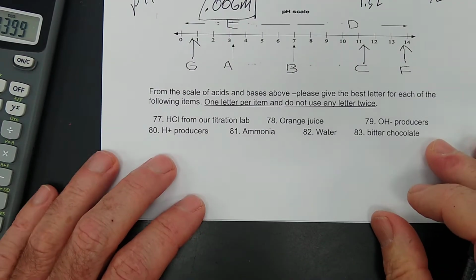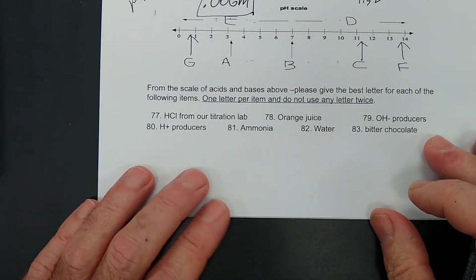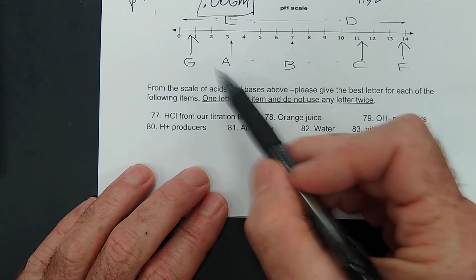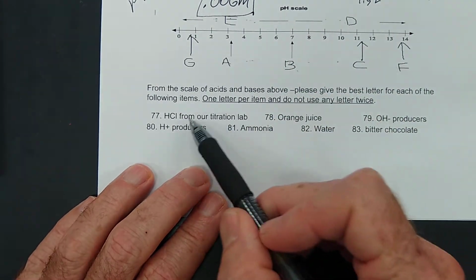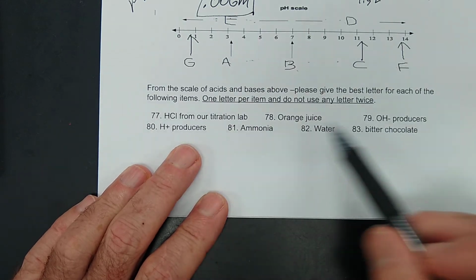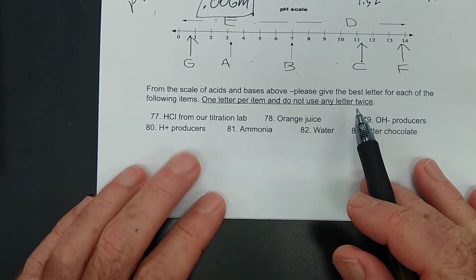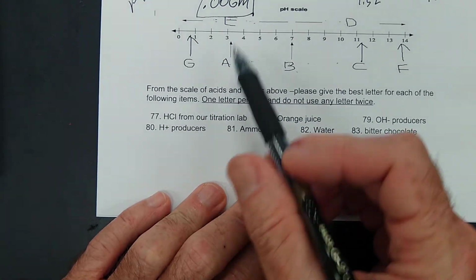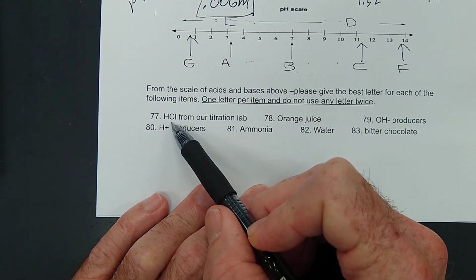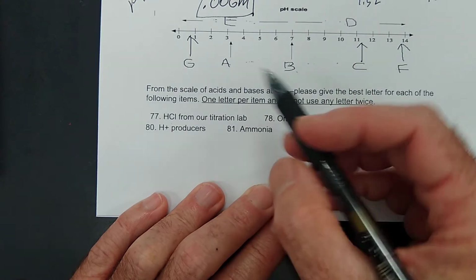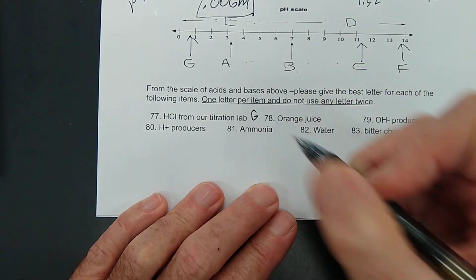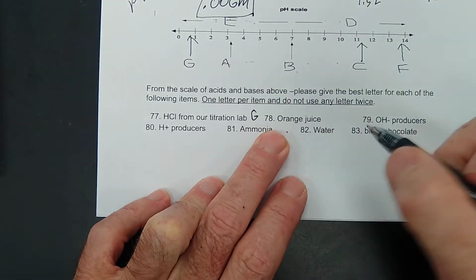We're finishing. All right. We're going to assign A, B, C, D, E, F, or G to these problems right here, okay? Which one of these letters did you think would be hydrochloric acid from our lab? Probably going to be G, straight up hydrochloric acid. Orange juice.